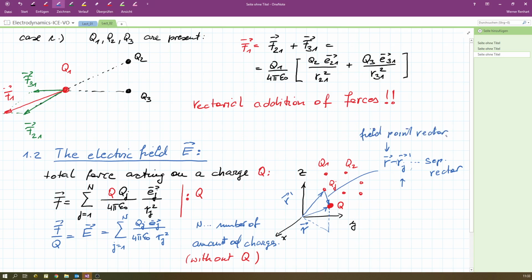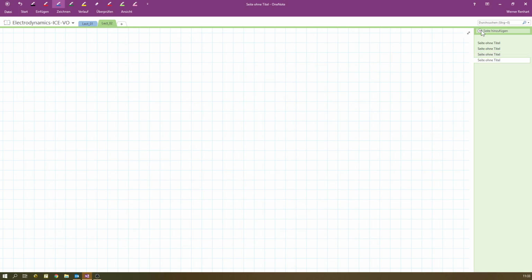So it is quite simple, but we have to discuss it because sometimes some students are confused about that. Now, often only one amount of charges, Q1, is given.